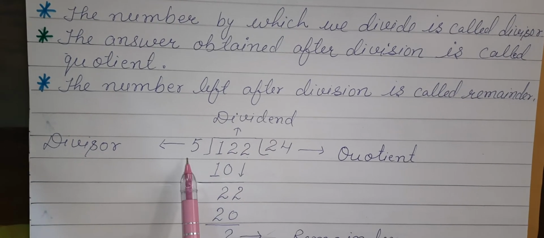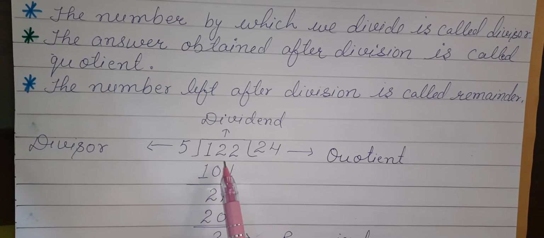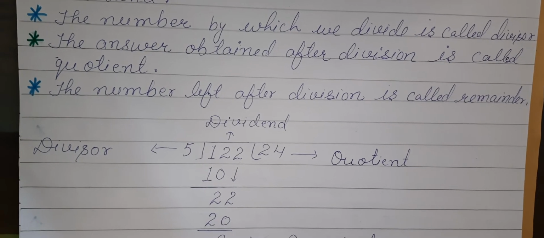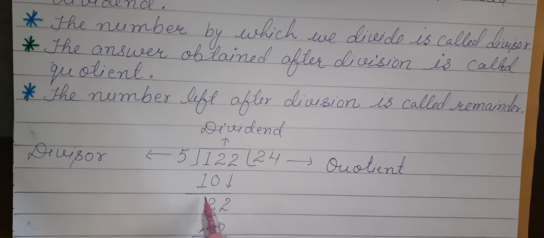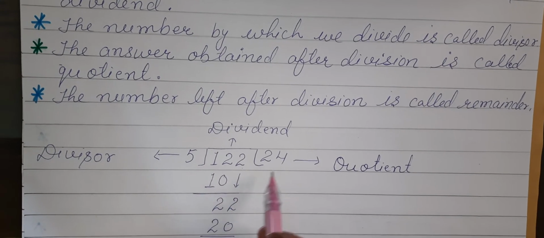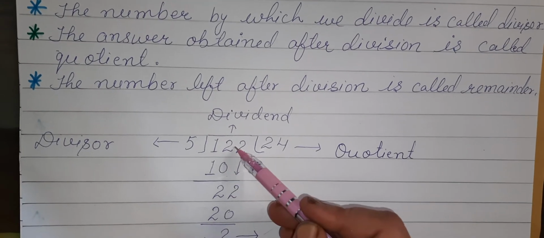So 5 1s are 5, 5 2s are 10, 5 3s are 15. 15 is greater than 12, so we cannot write 15 under 12. So we will write here 10, 5 2s are 10. Now we will subtract this from this.